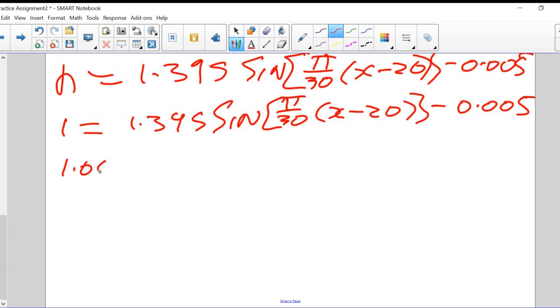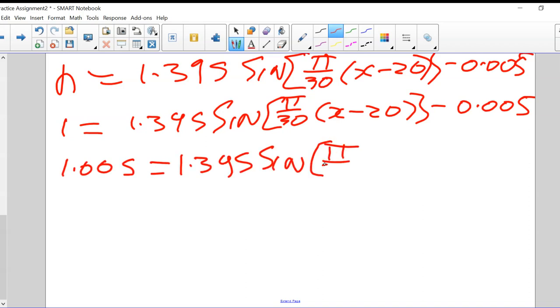So it's 1.005, because it's a minus on that side, is equal to 1.395 sine of pi over 30 x minus 20. Okay, 1.395. All right, I'm stuck again. Sorry, I guess I'm struggling here, folks. Help me out.